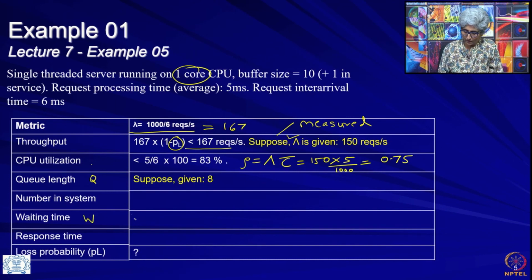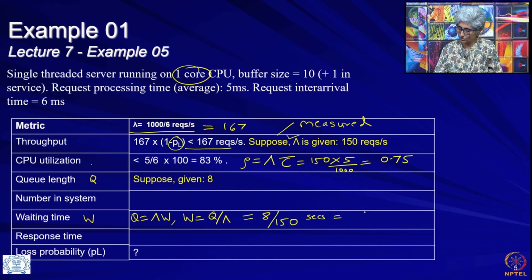We know that q is equal to lambda w. So, w should be equal to q by lambda, and so this should be equal to 8 divided by 150, this will be in seconds, and so this will be equal to 8000 by 150 milliseconds, and this is 800 by 15 milliseconds. Whatever that is.